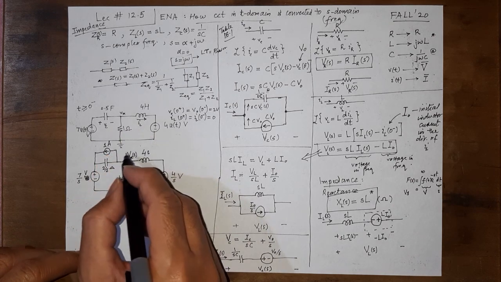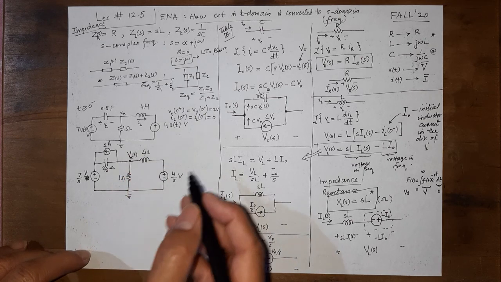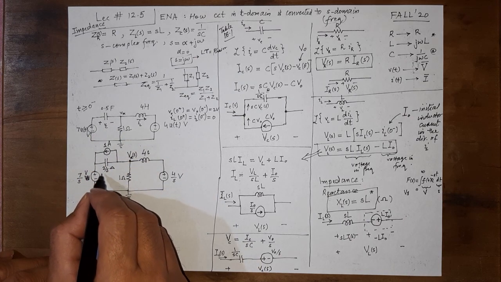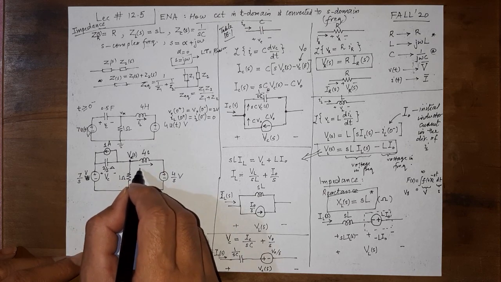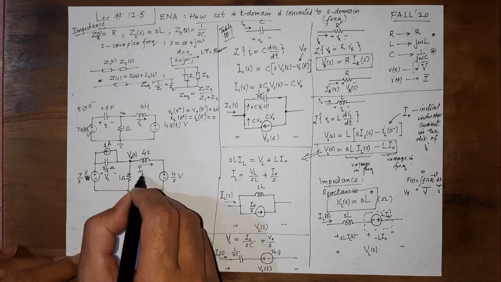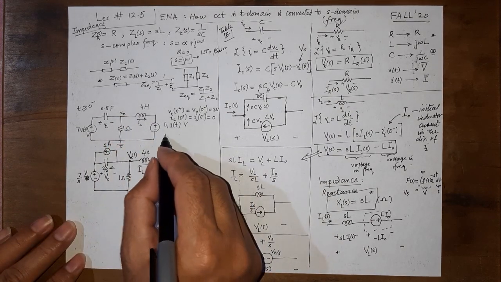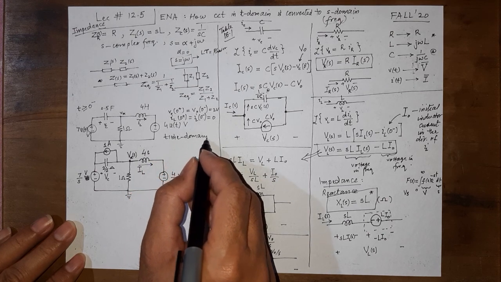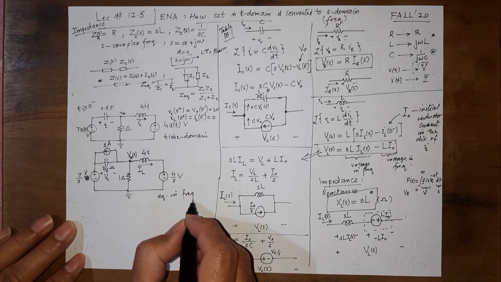So small vx is now capital Vx. You can ignore writing this argument S because it's going to confuse you later. And this Vc in this case, if needed at some place, should also be marked as capital Vc now. And this current, if needed somewhere, is now capital IL. It's not small. Now this is a function in the time domain, and this is its equivalent in frequency domain.